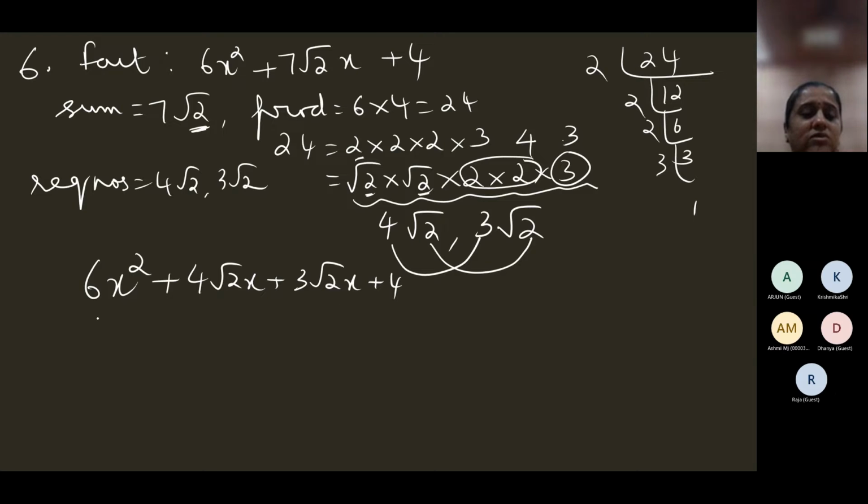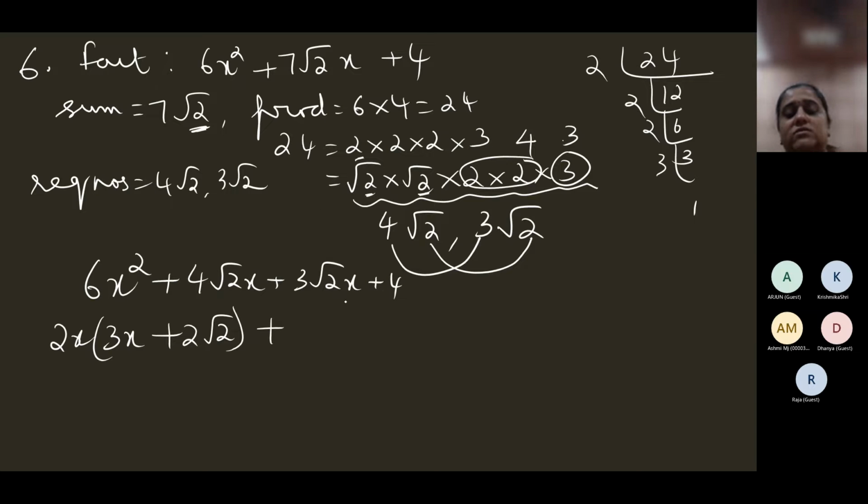4 root 2x, 3 root 2x. Split the middle term. So now what's common between x square and x? 6 and 4 root 2, what's common? 2, ma'am. 2 is common. So 2x is common: 3x plus 2 root 2.